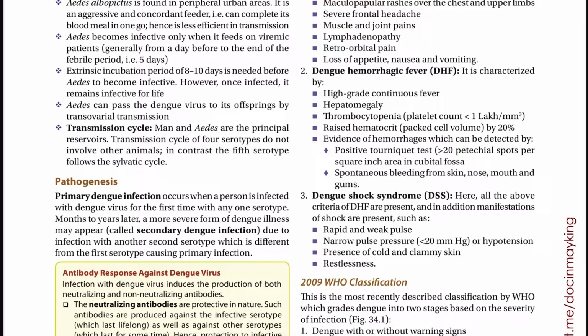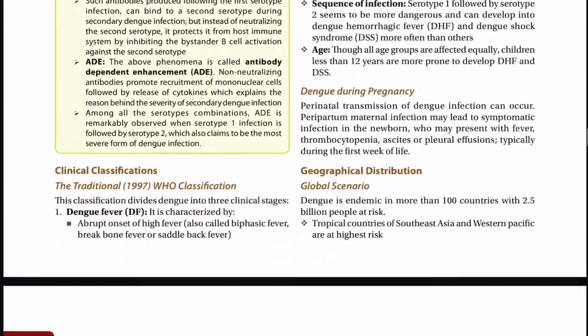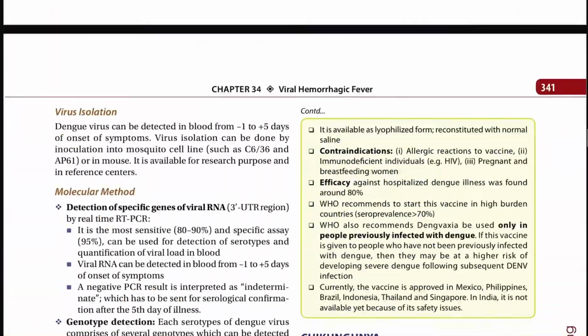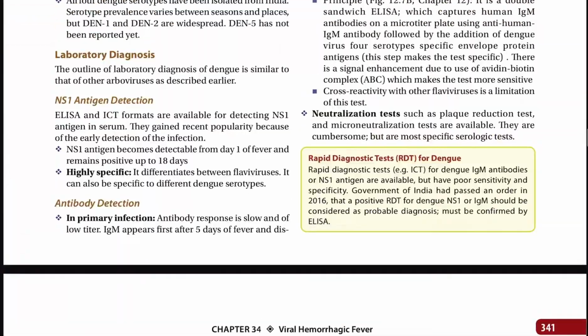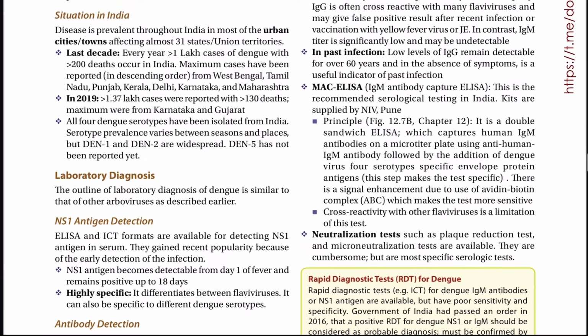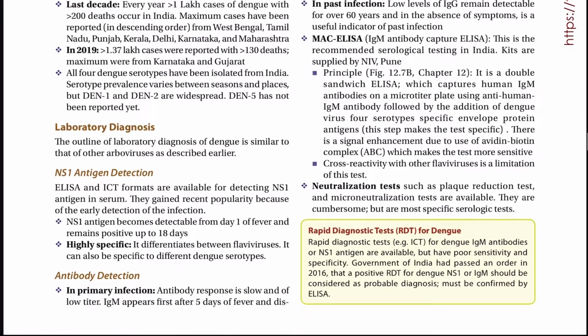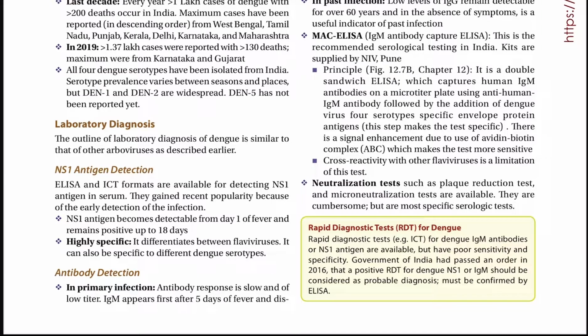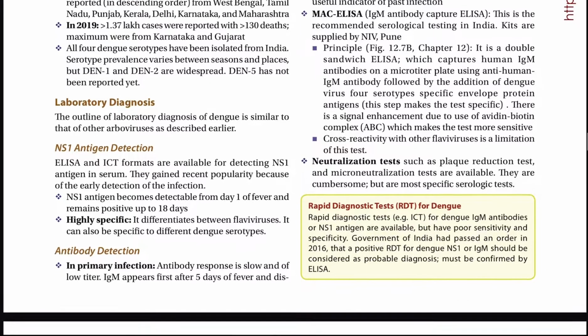So the lab diagnosis: NS1 antigen detection should be done with ELISA and ICT, which is a rapid diagnostic test. NS1 antigen can be detected from day 1 to 18. In antibody detection, in secondary infection, false positives might be possible.